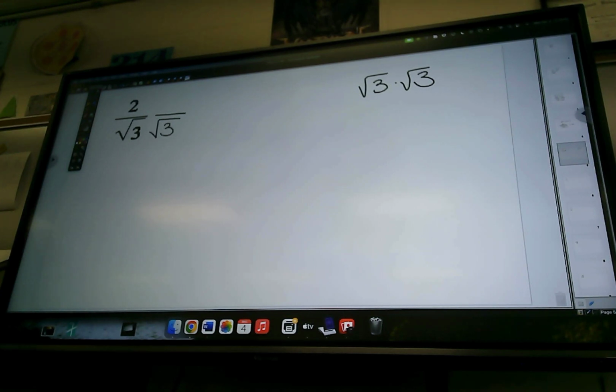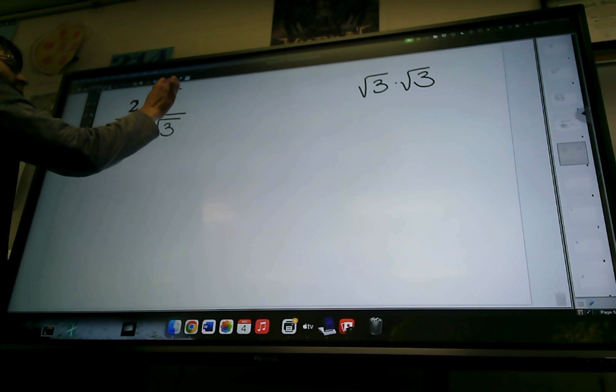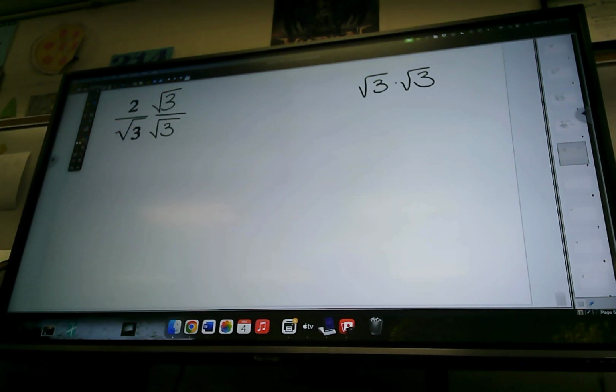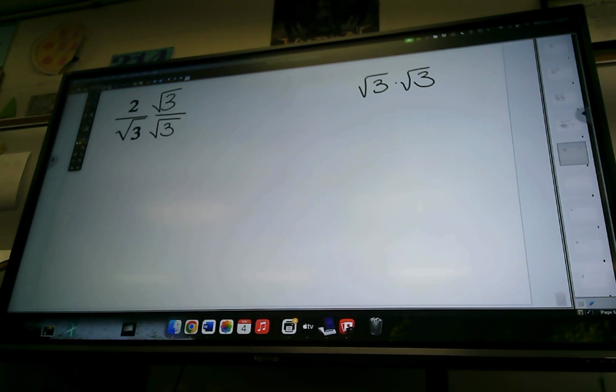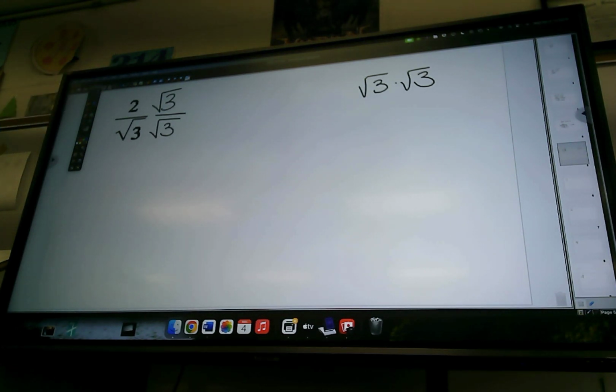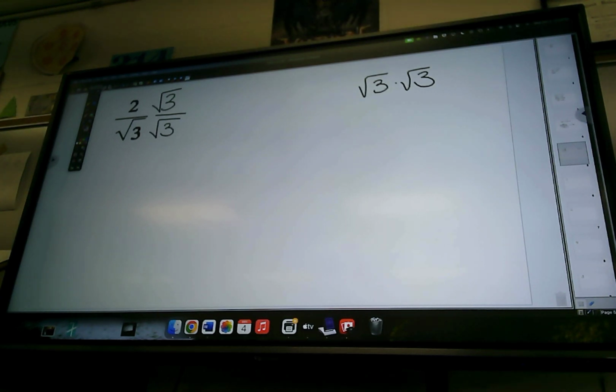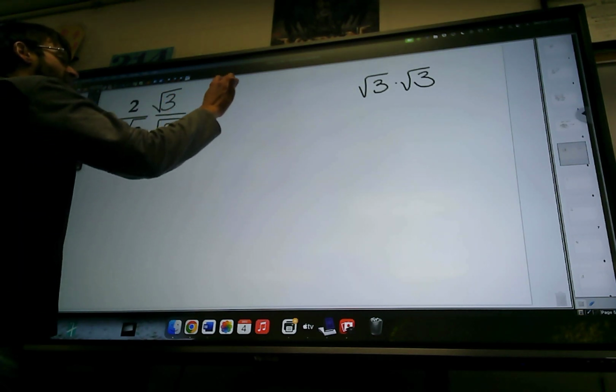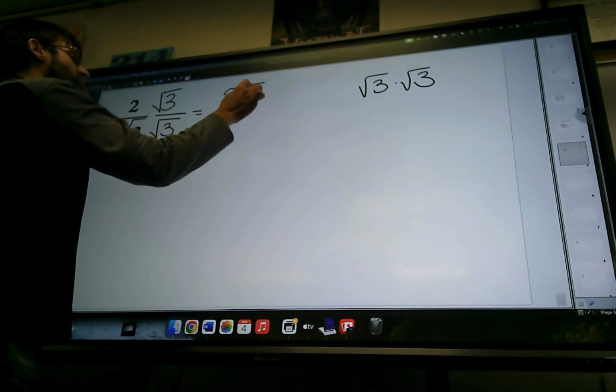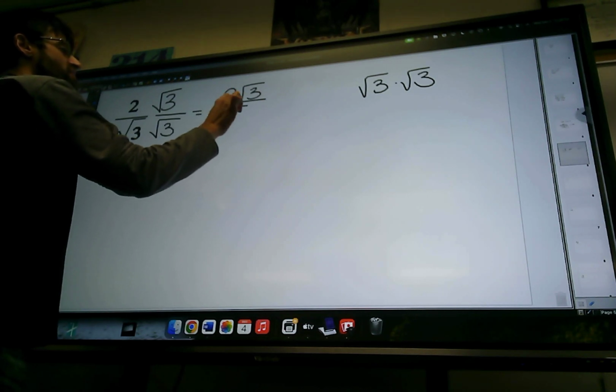But remember, what I do to the denominator, I've got to multiply the numerator by as well. What is the square root of 3 over the square root of 3? 1. So essentially I'm multiplying by 1, just changing the look of it, not changing the value of that fraction. So I'm going to have 2 square root of 3 over the square root of 9.